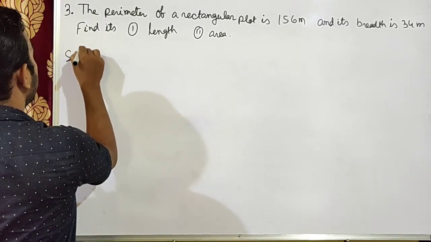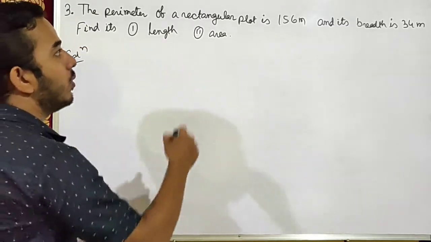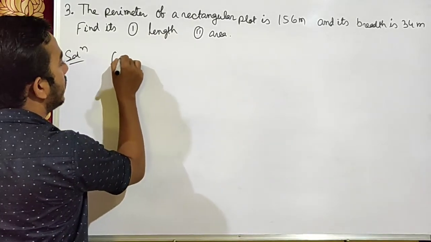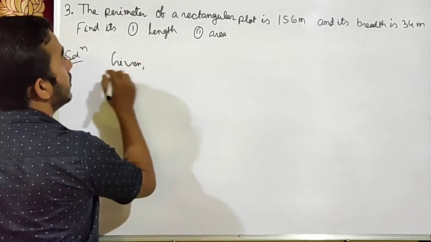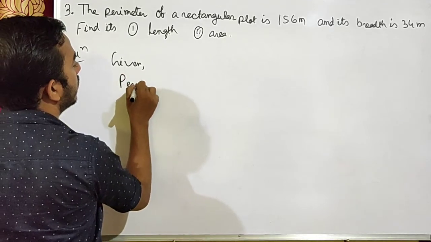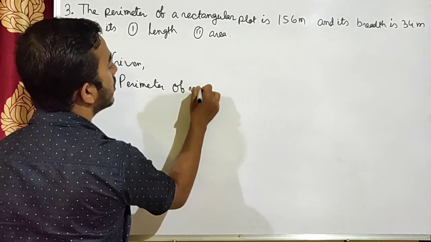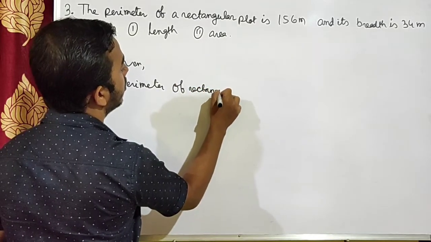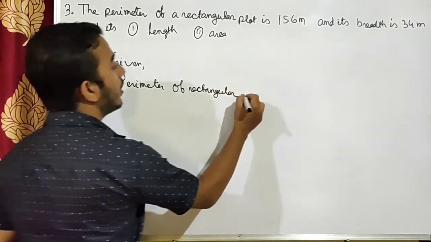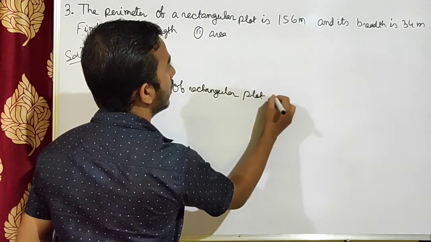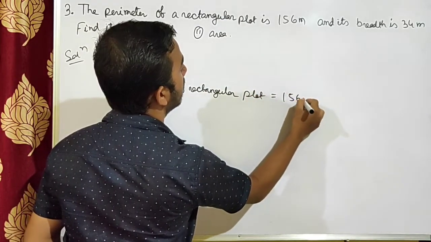First we will write the solution, then the given: perimeter of rectangular plot equals 156 meter.